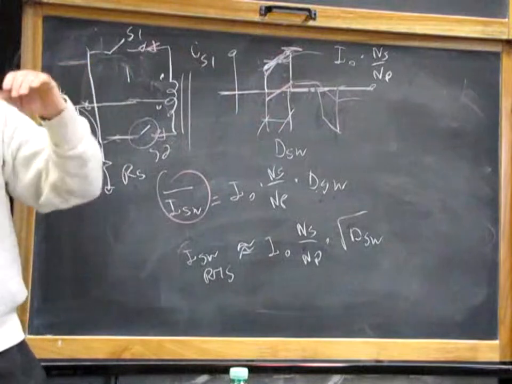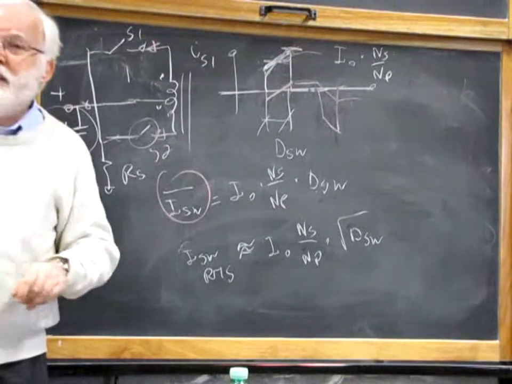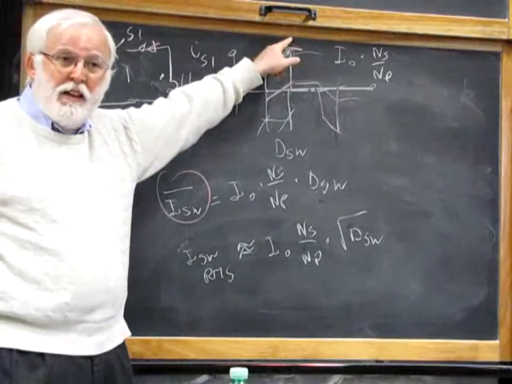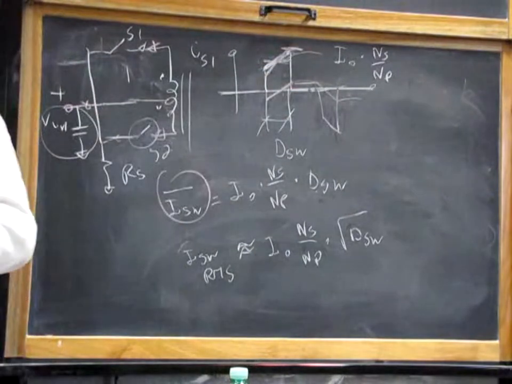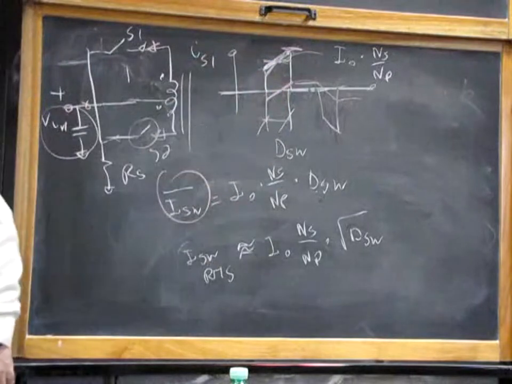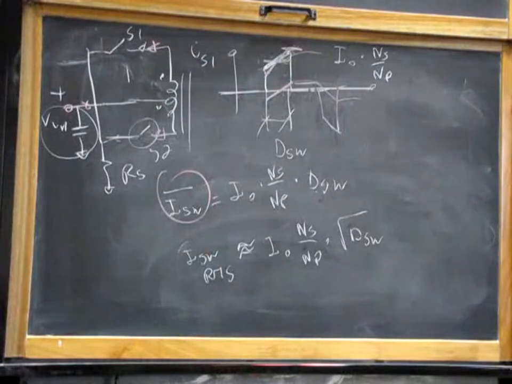Could be, but important for the RS definition, because RS sees all the current, including the magnetizing current. But this magnetizing current usually is small compared to the primary current, usually. Then you have to double check at the end. Okay, so far so good.